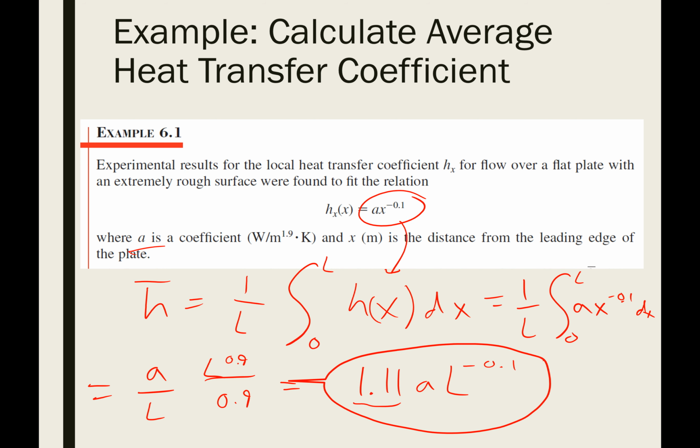But then there's a lot of these messy correlations that are based on somebody's very, very detailed analytical solution or somebody's series of experiments that they did. So a lot of the times we'll just be looking at, for that particular instance and that geometry, here's a correlation that applies. So a lot of convection is going to be figuring out the right correlation to match your circumstances so you know how to calculate h.